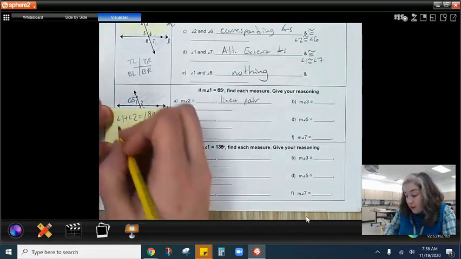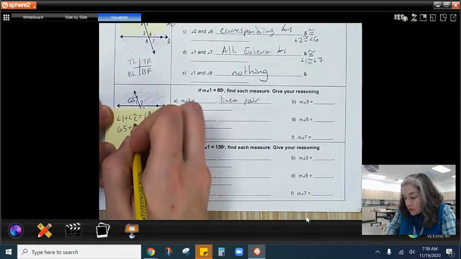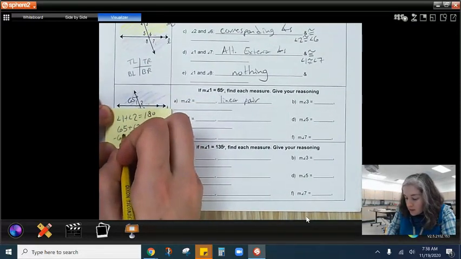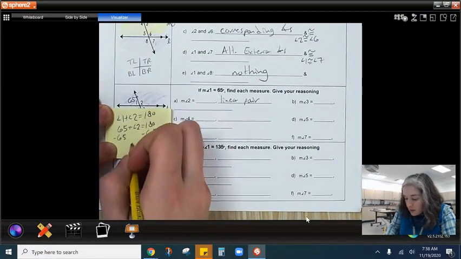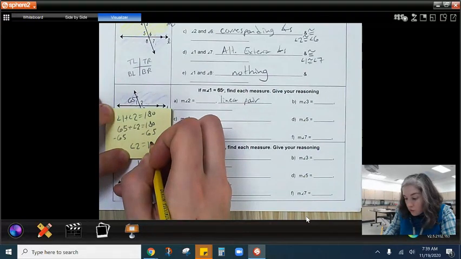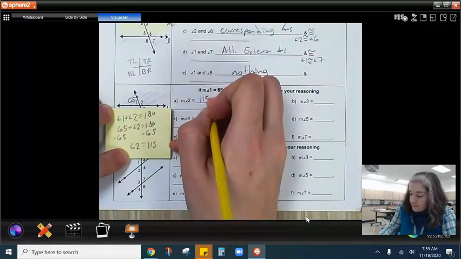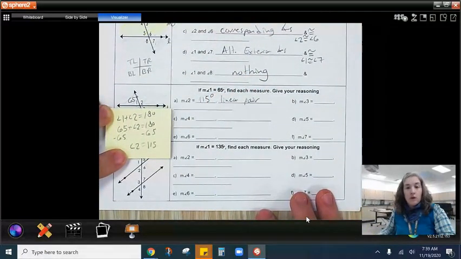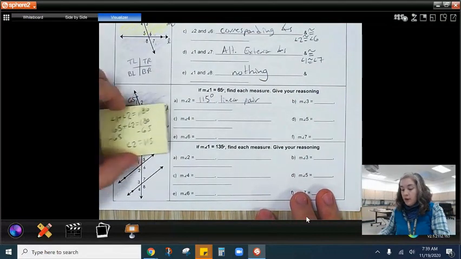But angle 1, we know is 65 degrees. So let's plug in our 65 and see what we get for angle 2. I subtract 65 on both sides. Angle 2 is 115 degrees, right? Okay, so that was angle 2.